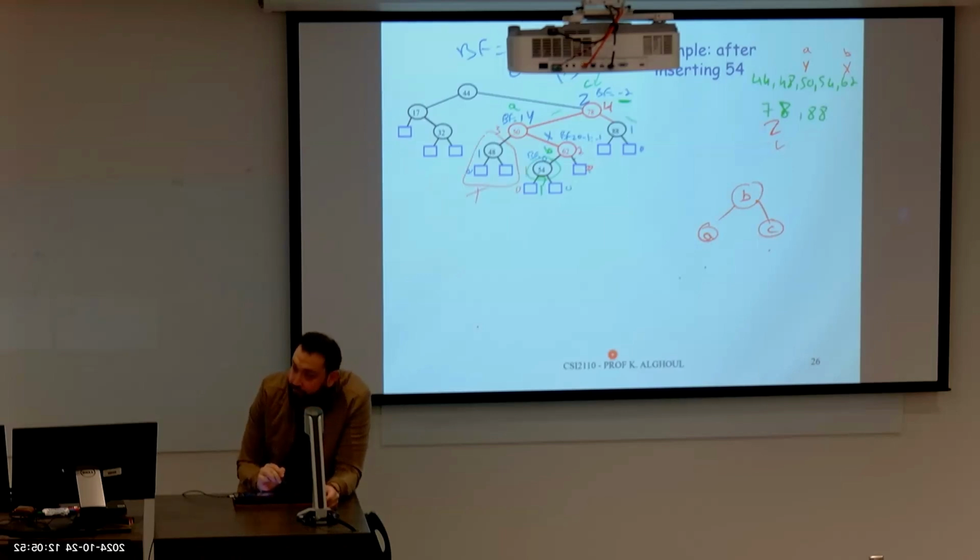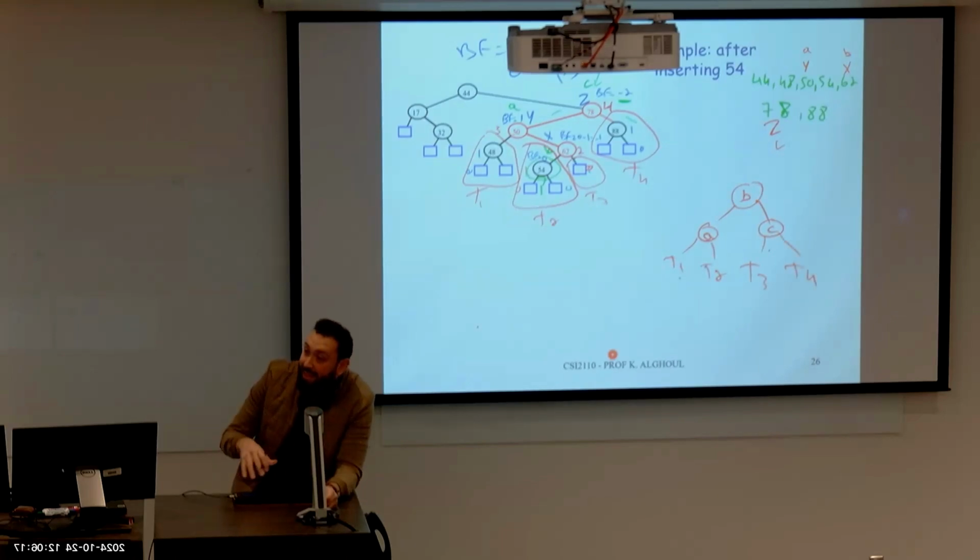What is the next one connected to one of the ZYX? 54. The next one, this one, we're going to treat it as a leaf. Now, what is the last one? This one. So it's always going to be T1, T2, T3, T4, and then we're going to put them like this. That's the logic.